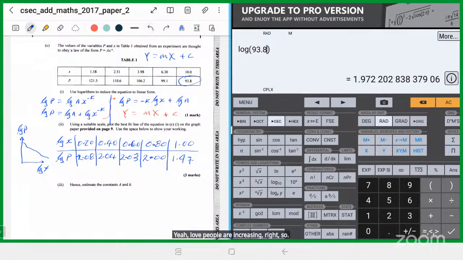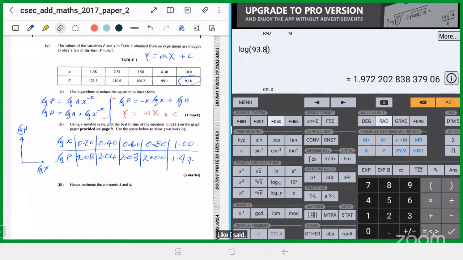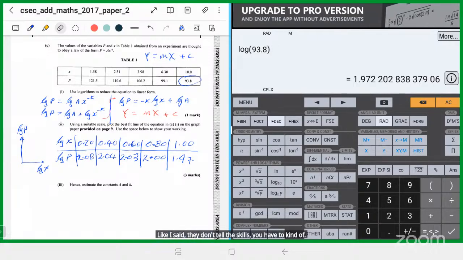So at 0, you're going to be up about 2 point, you can just estimate, add 0.4 to this, 2.12. So you need something going up to 2.12. They don't tell you the scale now, so you have to kind of work it out. So I'm going to copy this down.